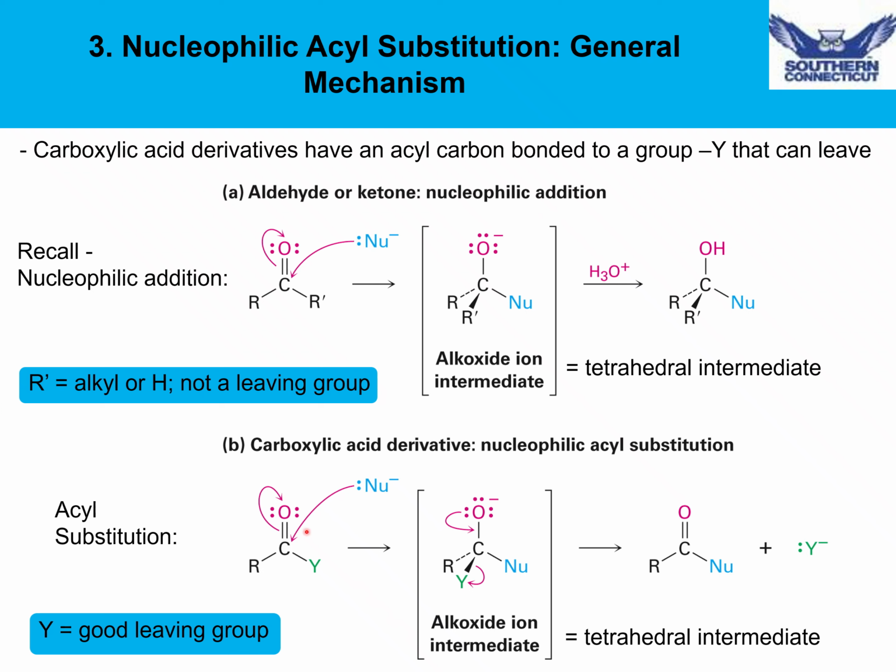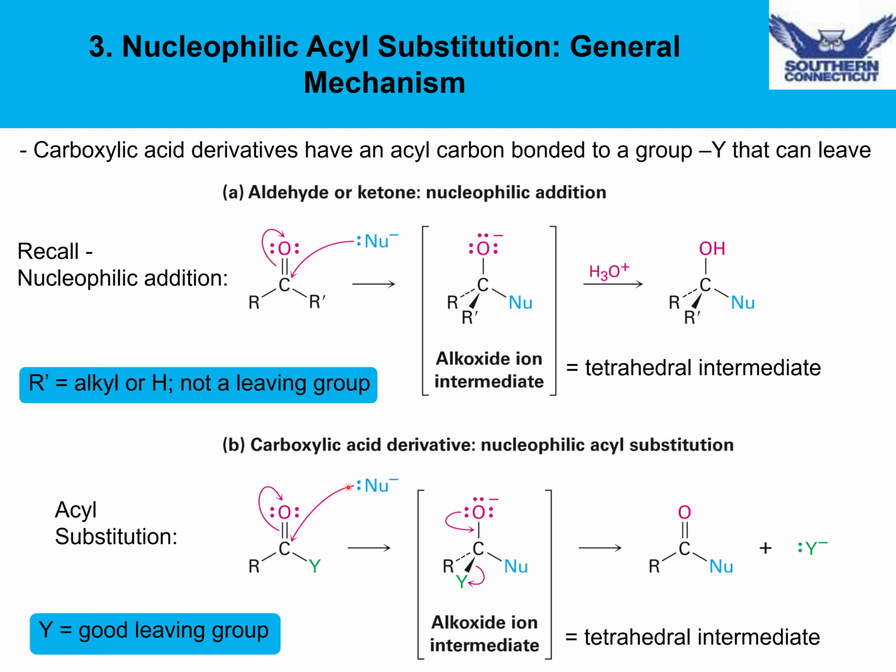However, when we get to a carboxylic acid derivative, this Y group differs a lot from an alkyl or a hydrogen. So typically, this Y group is a decent enough leaving group that when we get to the alkoxide intermediate, we can do an elimination instead. So the reaction starts the same way as nucleophilic addition reactions.